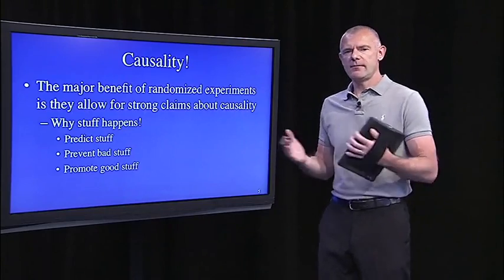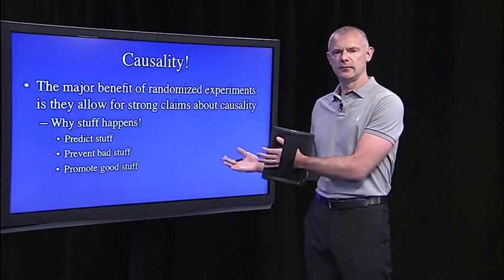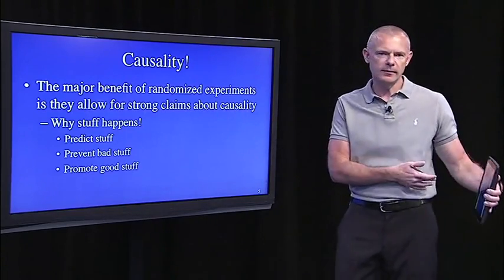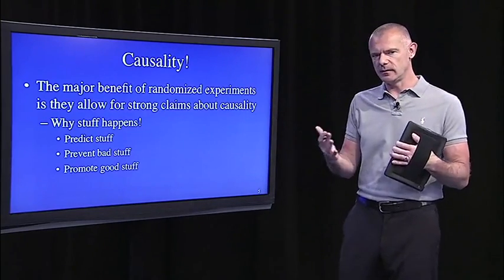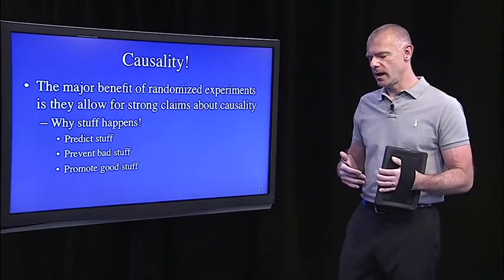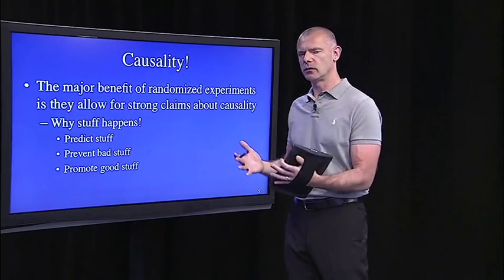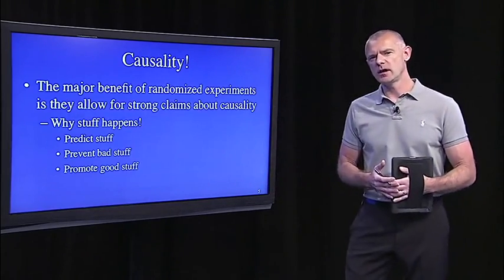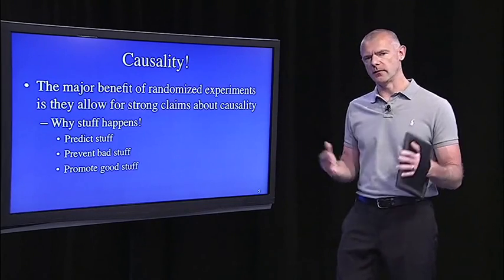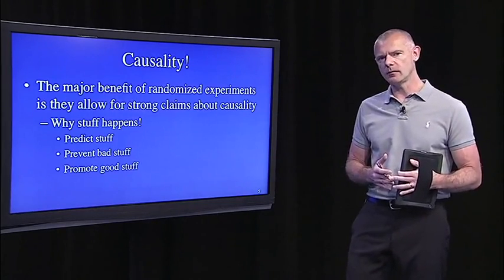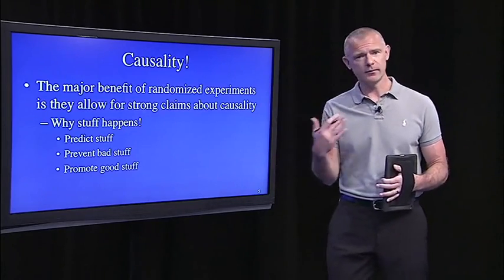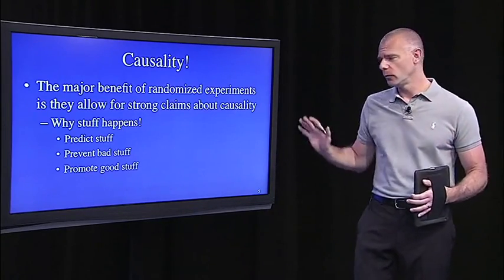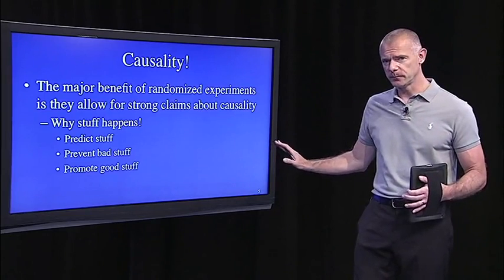In life, lots of good stuff happens, lots of bad stuff happens. If we can understand systematic patterns and conduct randomized controlled experiments, then we can start to understand why stuff happens. And if we can do that, then we can predict stuff. And if we can predict stuff, then we can prevent the bad stuff and promote the good stuff.